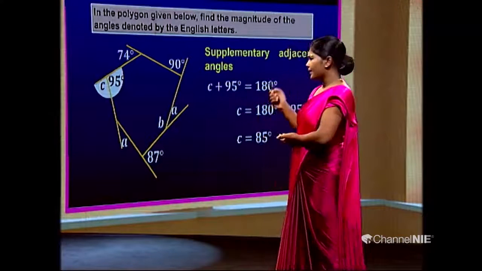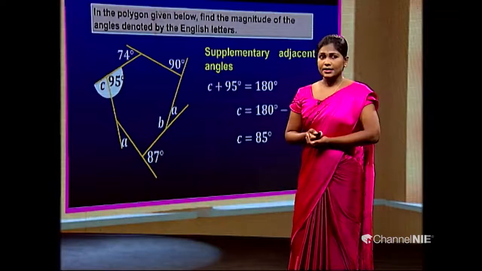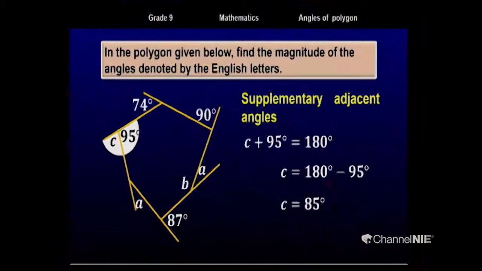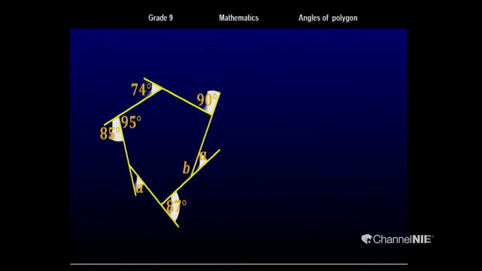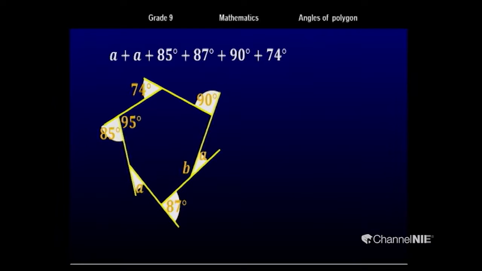Look at this diagram. There is a B and A, but first you have to find the value of A. Now you know the sum of the exterior angles equals 360. Then you can write the equation A plus 85 plus 87 plus 90 plus 74 is equal to 360.